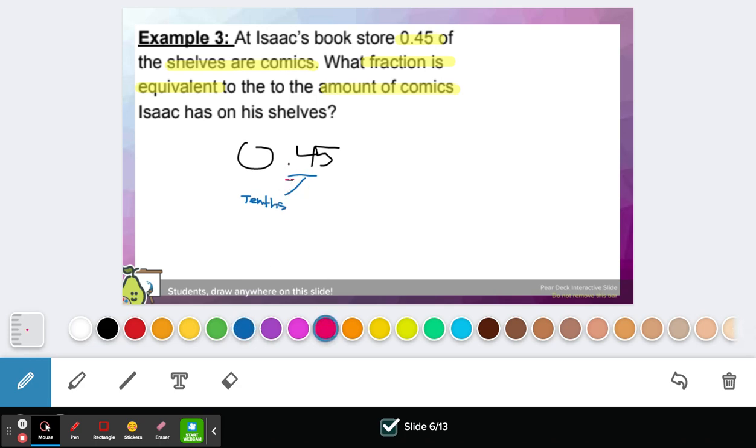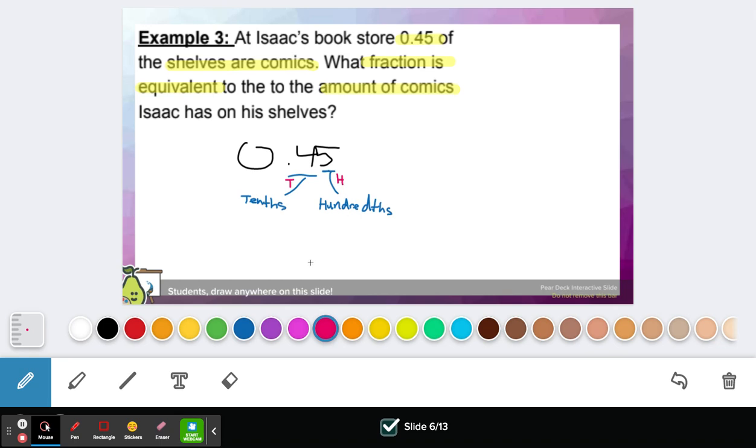So this one's going to be T. So the 5 right here means hundredths. So hundredths, okay? And this one, I will label it in pink as well. So this one, I'm going to put H.